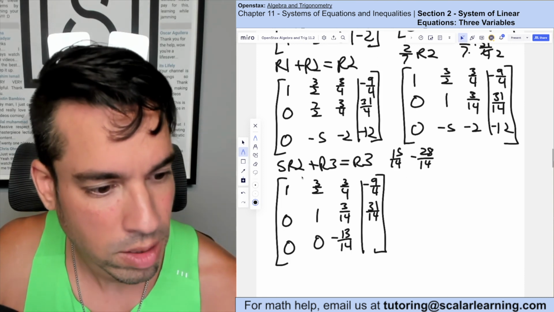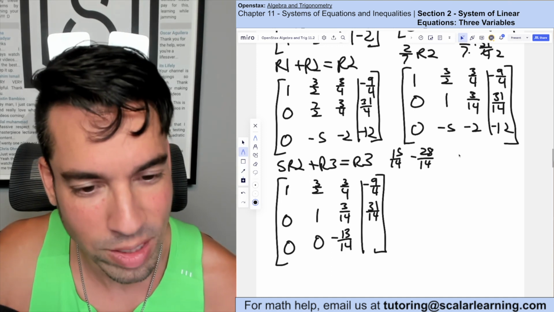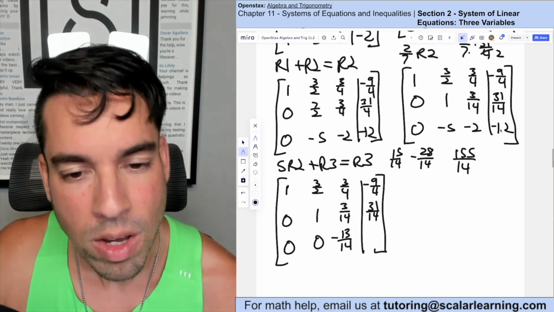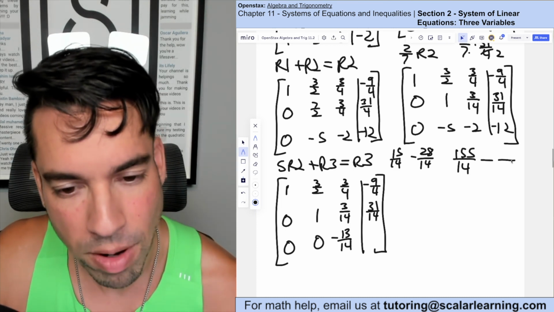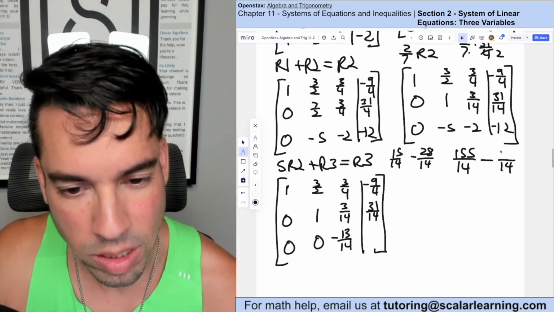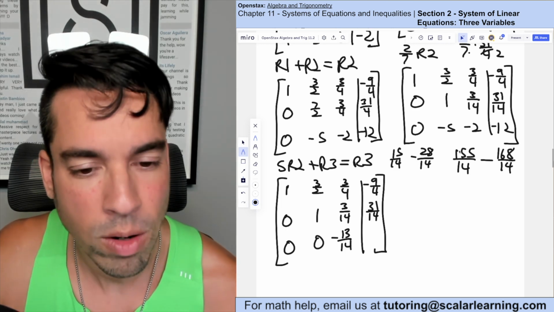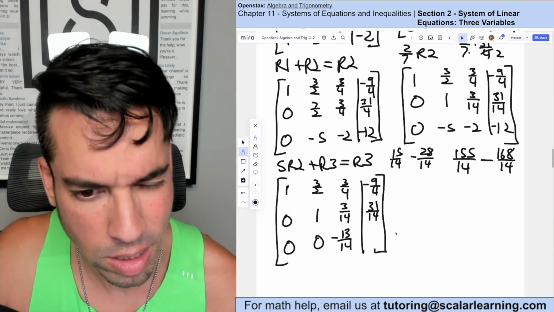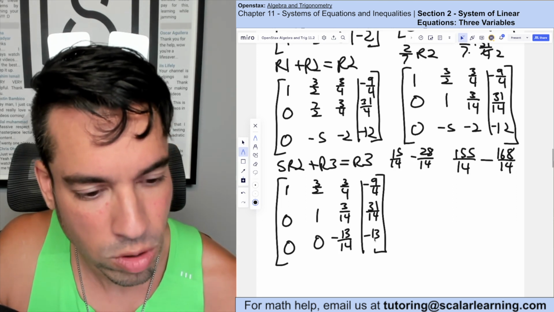And then we've got 5 times 31/14, that's 155/14. And then negative 12, if I put that over 14, 12 times 14, I believe is 168. So we got 155 minus 168, what is that, negative 13, right? So then we got negative 13/14.